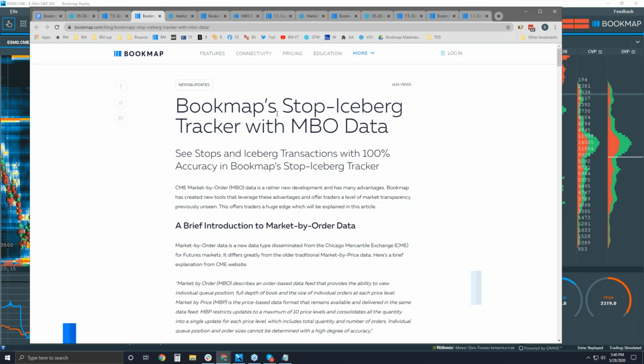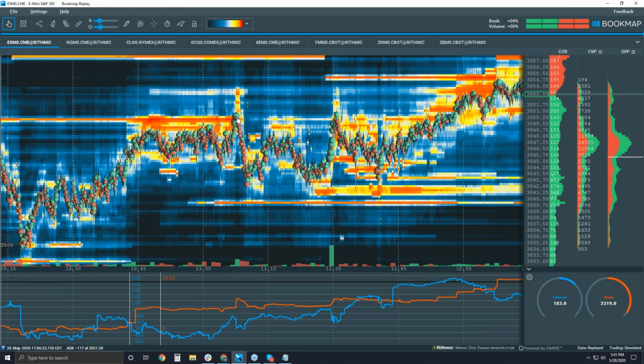It has nothing to do with stochastics or relativity or volume, or a derivative of time, price, and volume. It's just showing you simple stuff. Stop orders transacting, iceberg orders transacting, but that context is just golden within the price order flow.